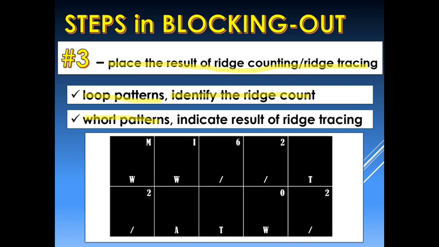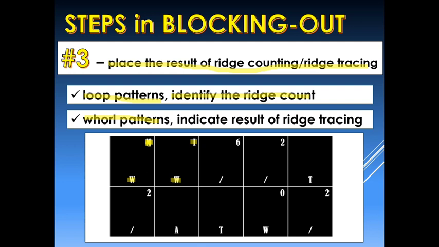So for example here, since this is a whirl pattern on the first fingerprint block, and this is a meeting whirl, we are going to put the symbol letter M. Now on the second block, since this is again a whirl pattern, and this is inner, we are going to place the required symbol, which is the I, equivalent to inner.